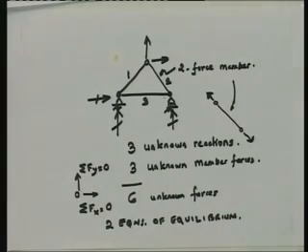So, we can write 2 equations of equilibrium for every point in the structure. How many points are there in this particular structure? A point, or more commonly joint, is where 2 or more members meet or a member meets a support.